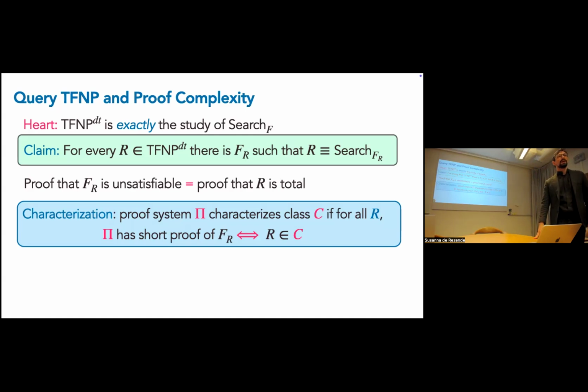I will use terms like short and small very loosely, but they all mean quasi-polynomial size and polylogarithmic width.